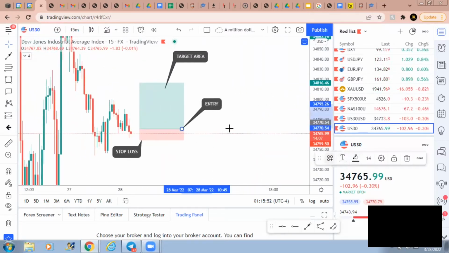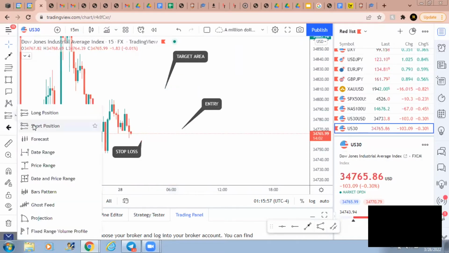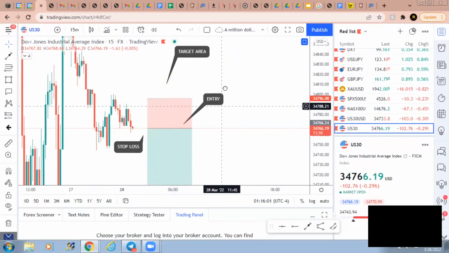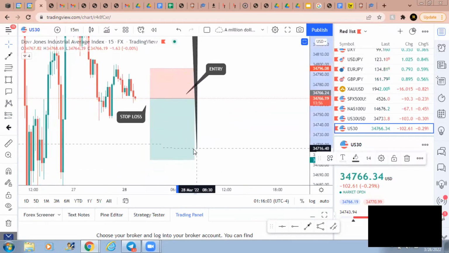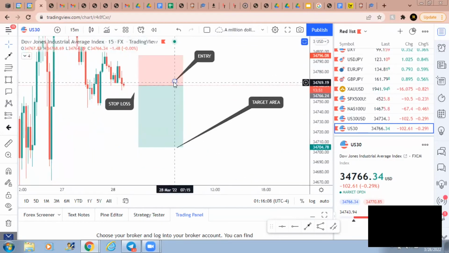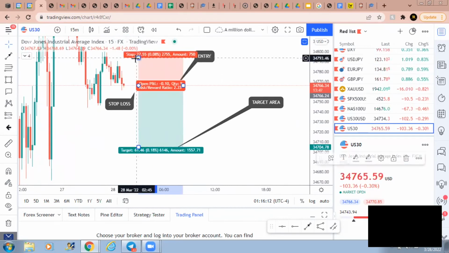So let's say, for example, we want to sell by market. What we would do is literally do this. I'll flip this around a little bit. Target area is down there, entry point is right there, and let's say your stop loss is above these candles right here.